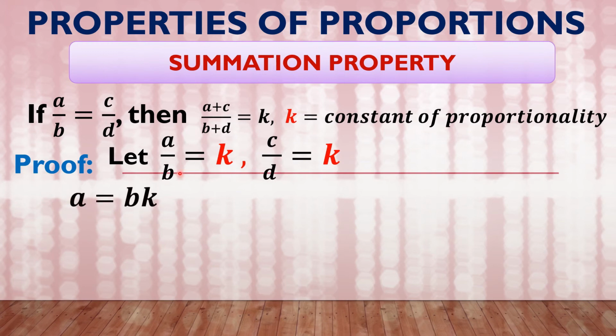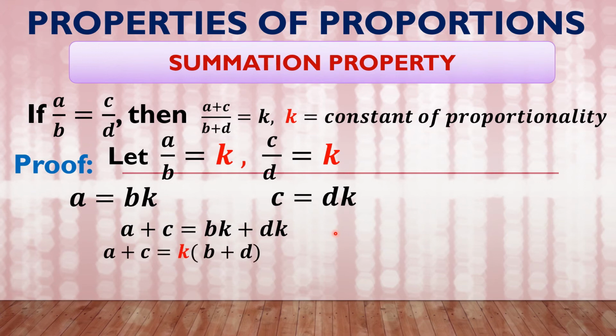Para bang multiply mo lang to, BK is equal to A. Also here, DK is equal to C. No? Now, if we're going to add A and C, parang inadd natin si BK at saka si DK at equal sila. Bakit? Because A is equal to BK and C is equal to DK. Para bang we're using the substitution. No? Okay.